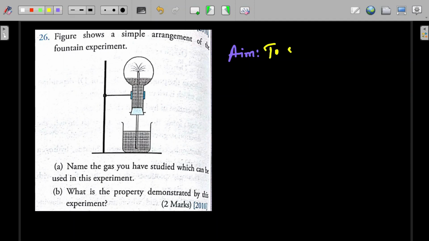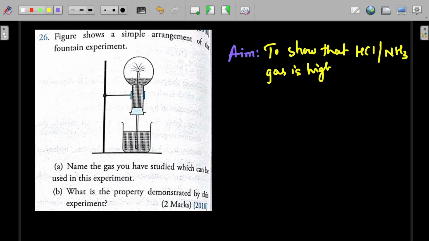Right. To show that HCl or ammonia gas is highly soluble in water. This is the aim of the experiment.